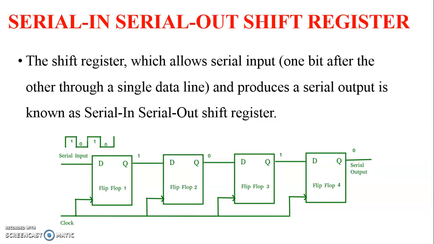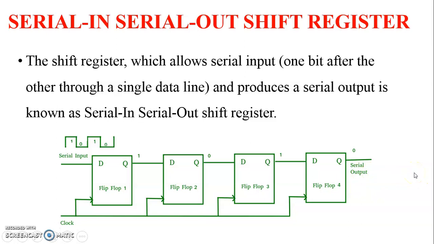So this is the diagram of the serial in serial out shift register. This is also called SISO. In this shift register, it allows a serial input and also produces a serial output. So we are giving a serial input, and after giving a clock pulse, we get a serial output.